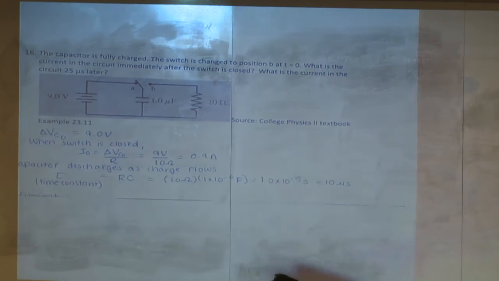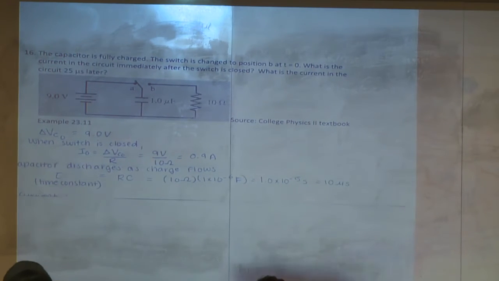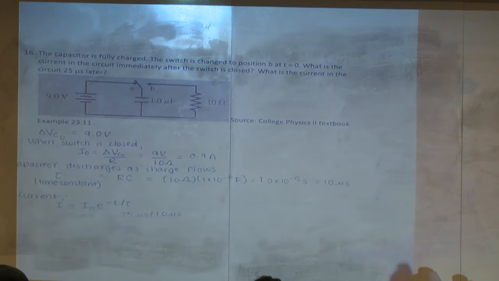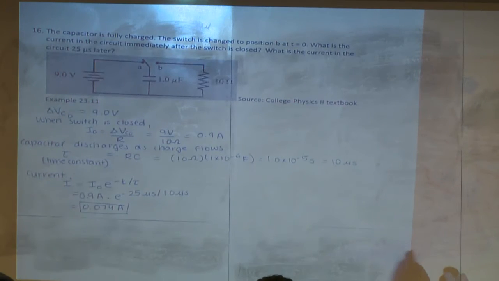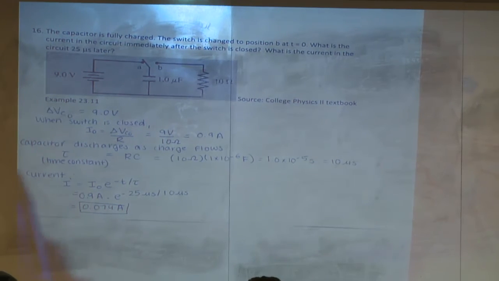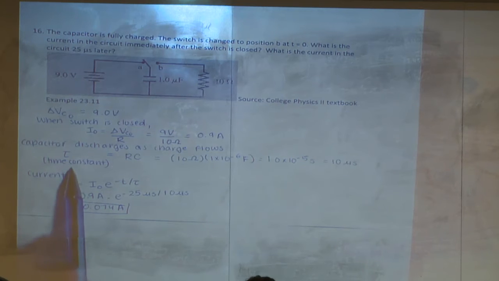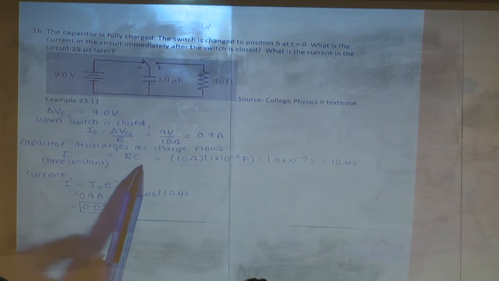Okay. With time, though, we use a different formula for that, and it's in the textbook and the study guide that I uploaded. So we have to find the time constant before we dive into the current formula. The time constant is R times C, which is resistance times capacitance.